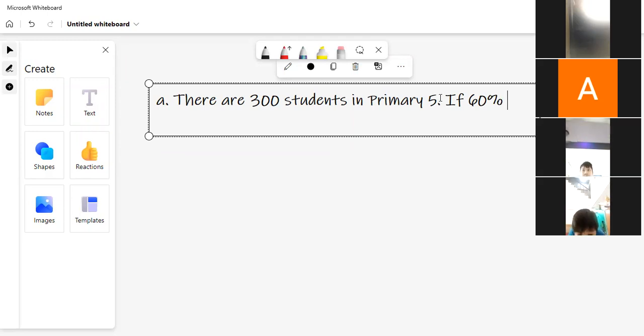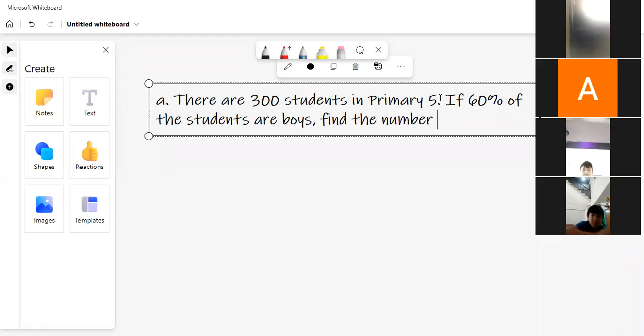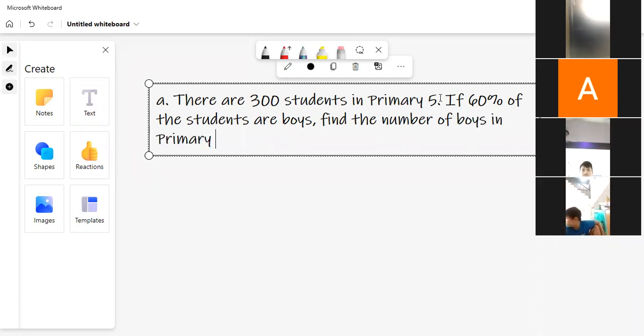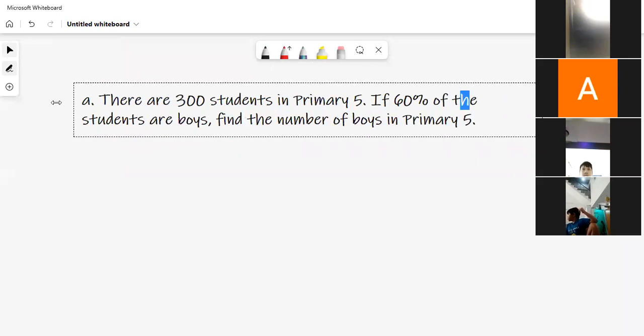If 60% of the students are boys, find the number of boys in primary 5. How are we going to answer this?